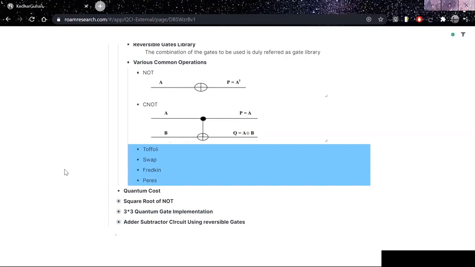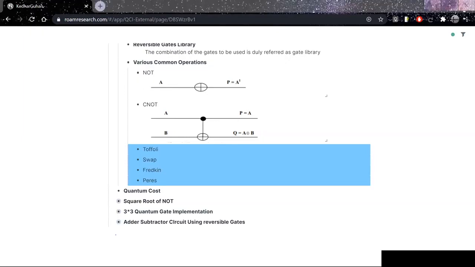So multiple combinations of processing are being used. Just like if you have 2 bits in the classical domain, you have AND, OR, NAND, NOR, XOR, right? So there are multiple combinations. Similarly in 3 cross 3, there are multiple combinations.